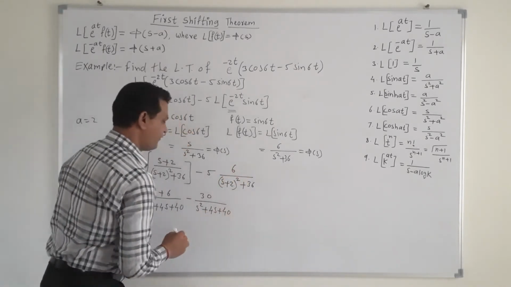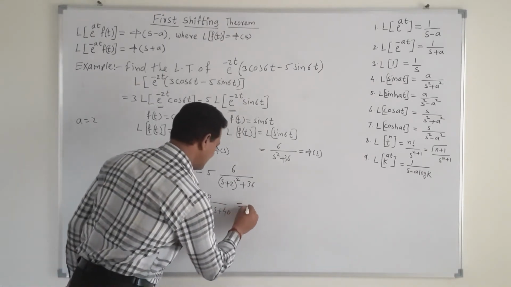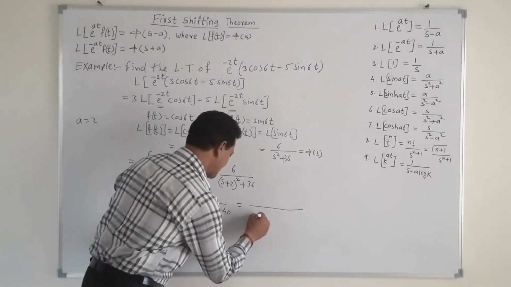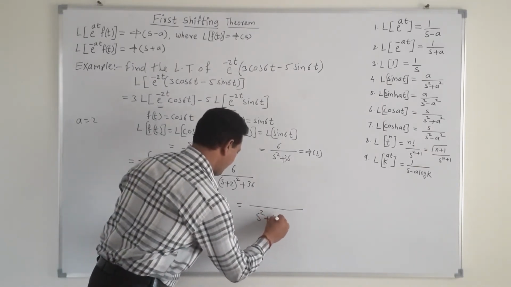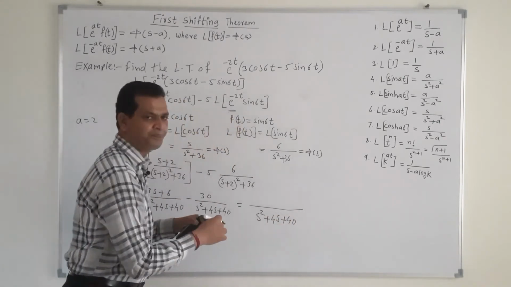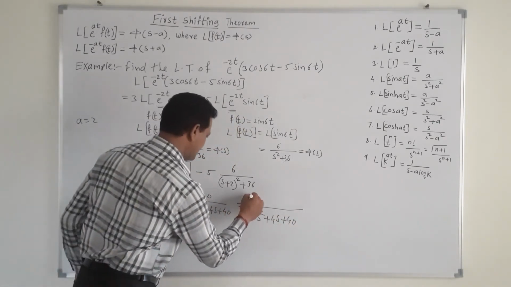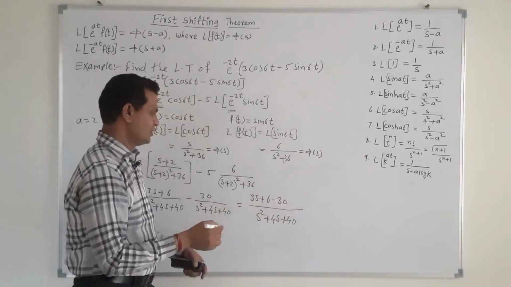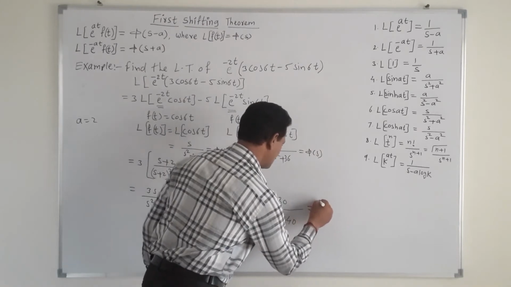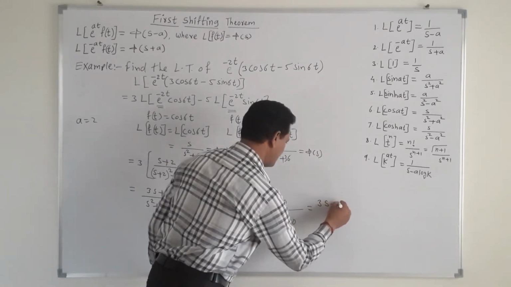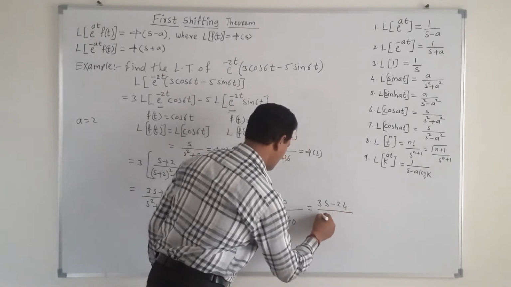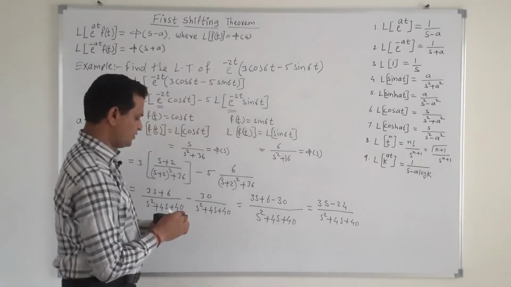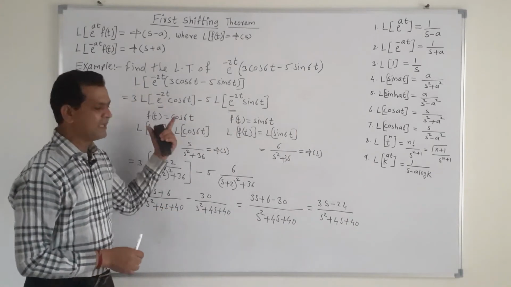That means the denominator is s square plus 4s plus 40. The denominator for both terms is the same, so we take it common and add the numerators: 3s plus 6 minus 30. The final answer is 3s minus 24 upon s square plus 4s plus 40. So this is the example where we use the shifting theorem.